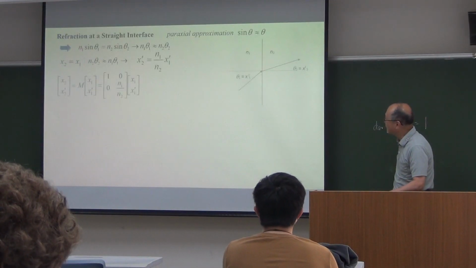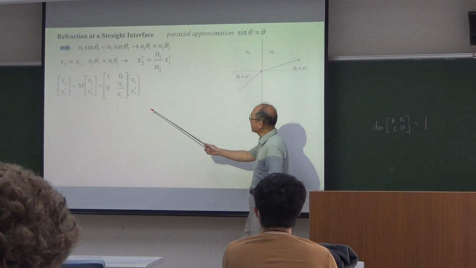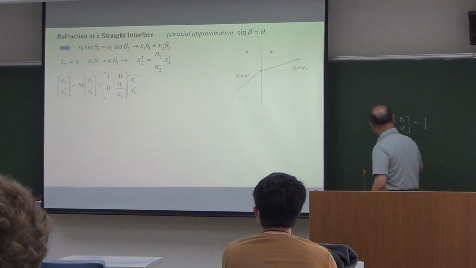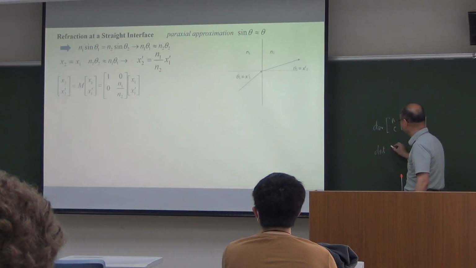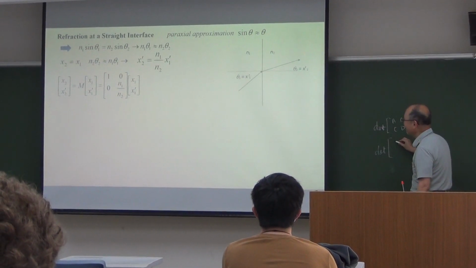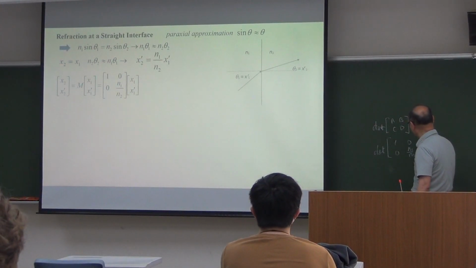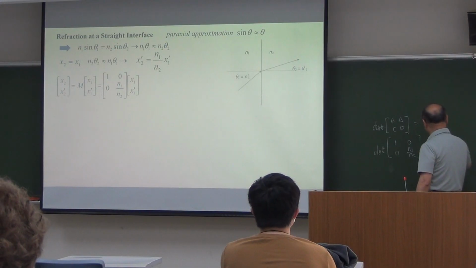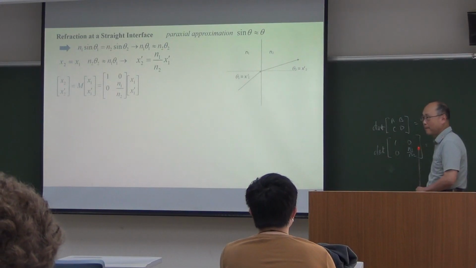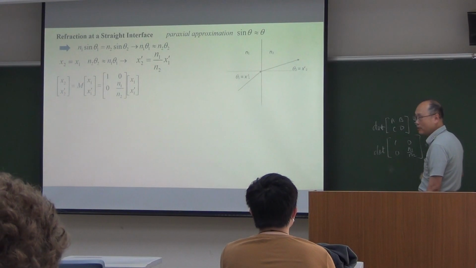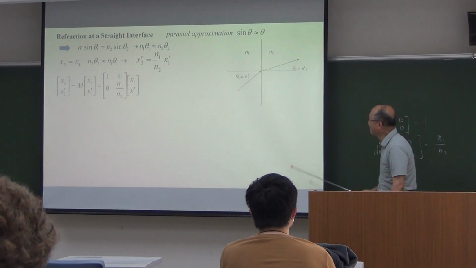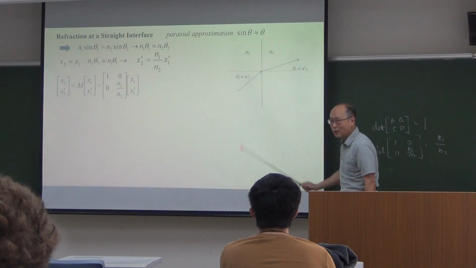And then if you do a determinant on this ray matrix, with entries 1, 0, 0, N1/N2, you get N1/N2. That is the ratio of the material index across this interface.